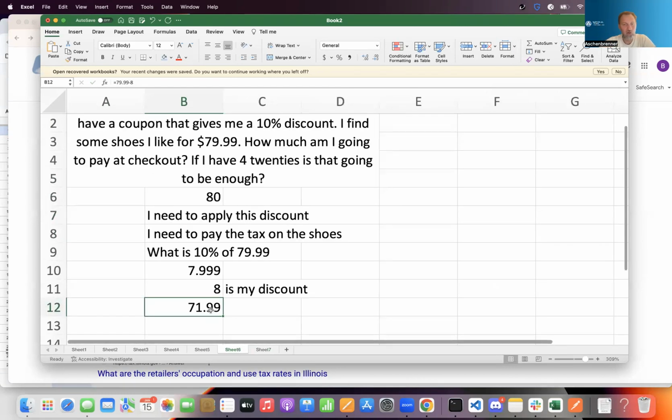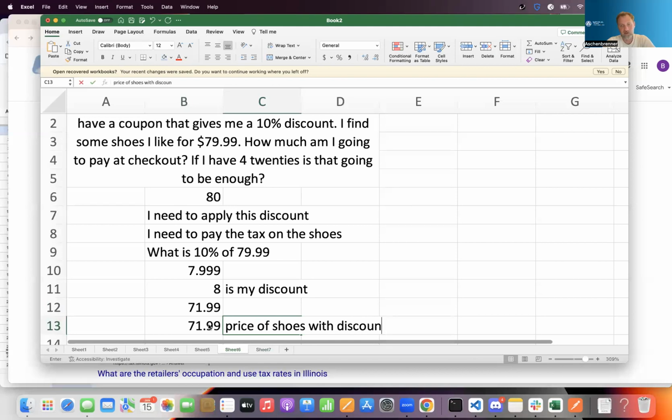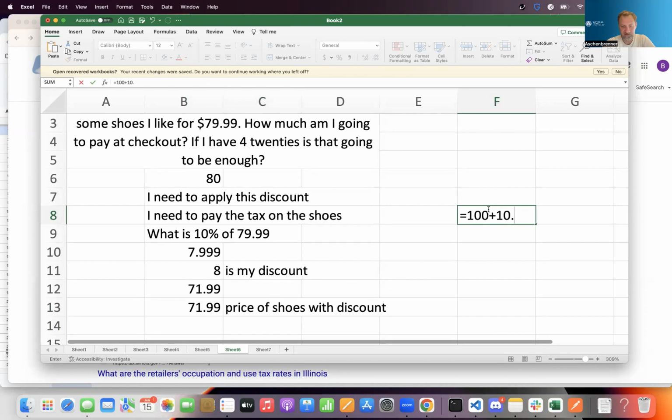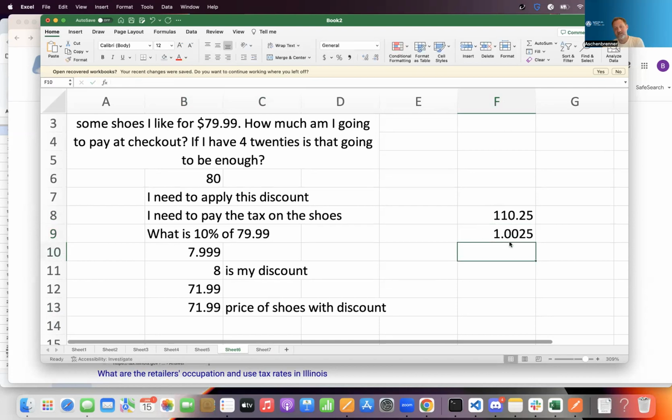as a multiplier directly on whatever I'm trying to do. So as an example, if $71.99 is the price of the shoes, price of shoes with discount, then I can use the multiplier. So 110, use my calculator here, 100% plus 10.25% is 110.25. 110.25% is this decimal.